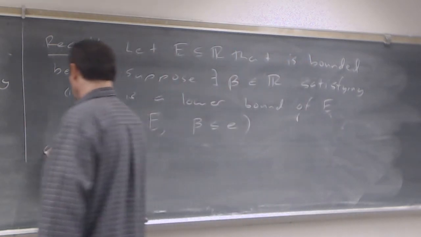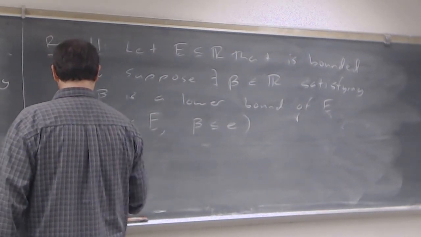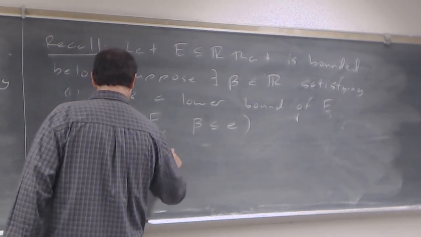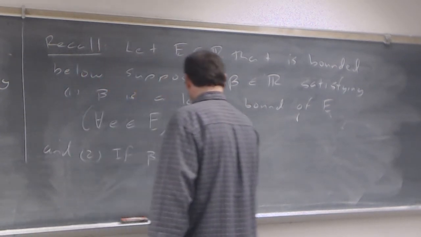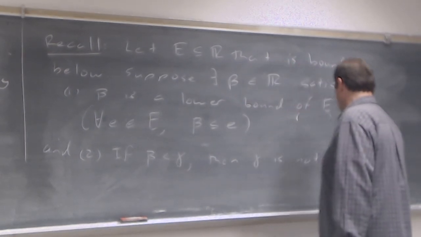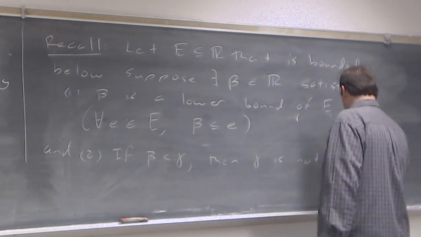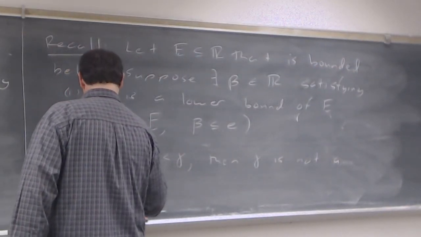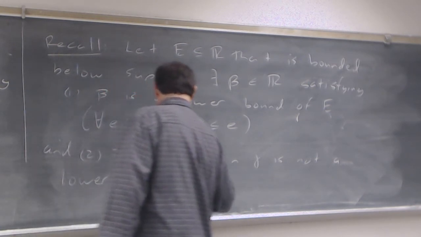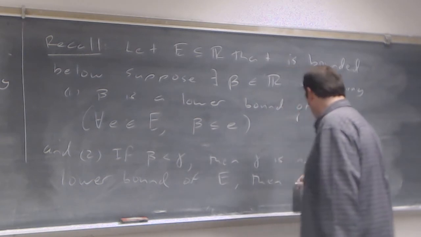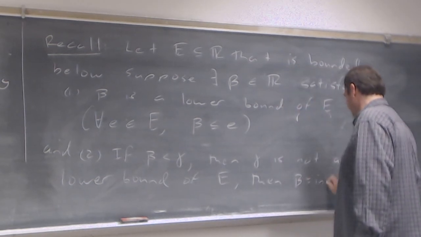And two, that if gamma, where beta is less than gamma, then gamma is not a lower bound of E. Then beta equals the infimum of E.